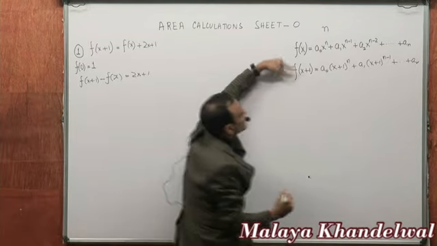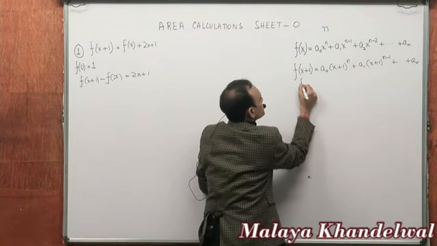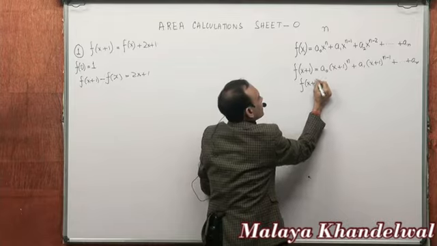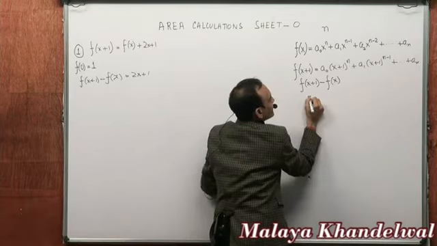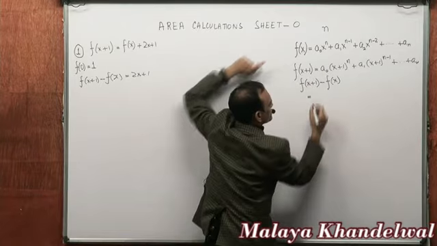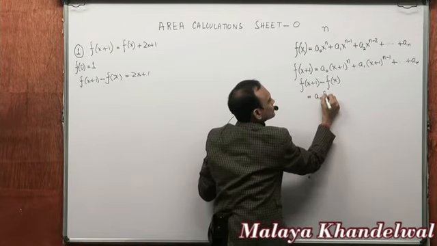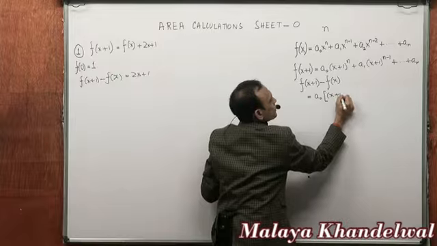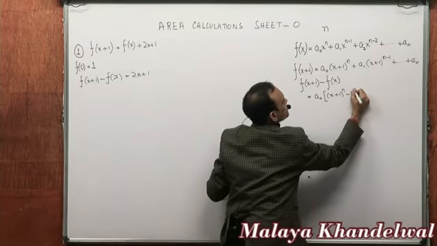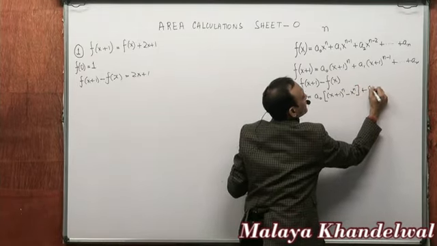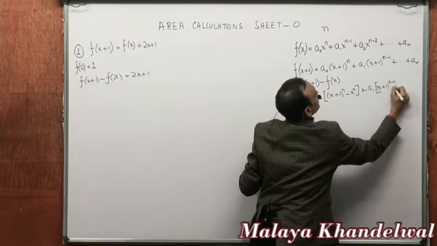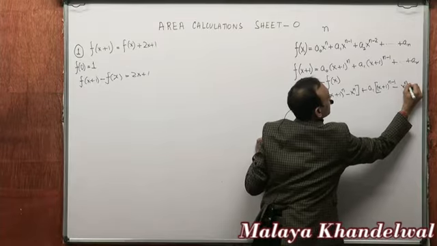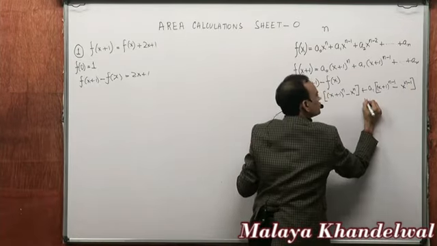Just look at this difference: a0 [(x+1)^n - x^n] + a1 [(x+1)^(n-1) - x^(n-1)], and so on and so forth.